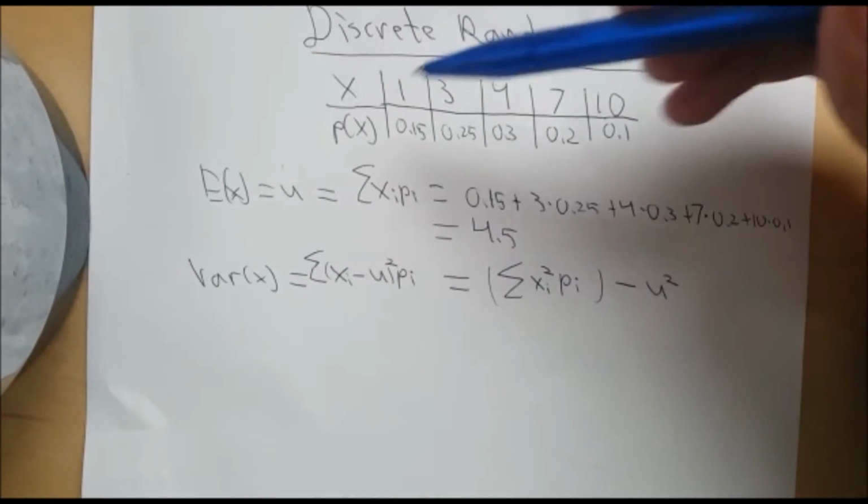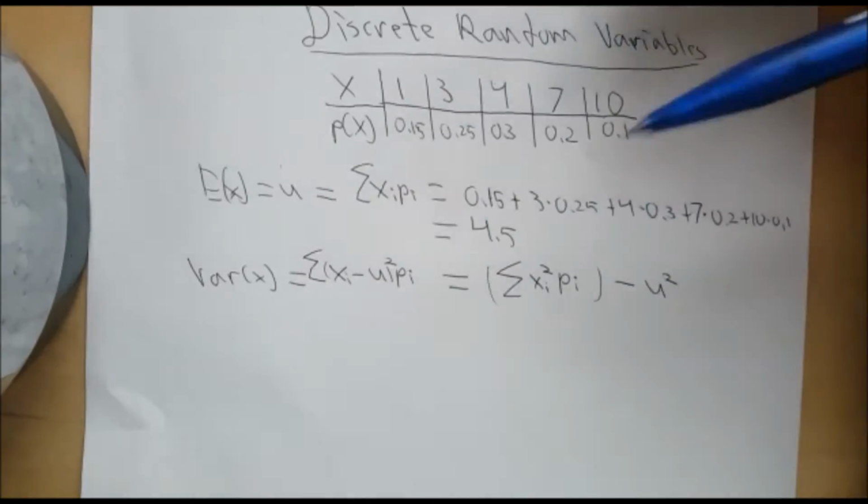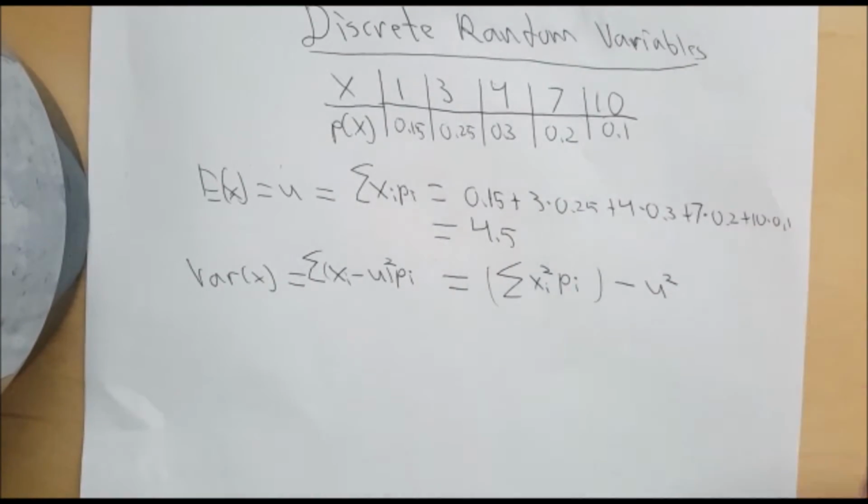So we're going to find the variance of this discrete random variable now.